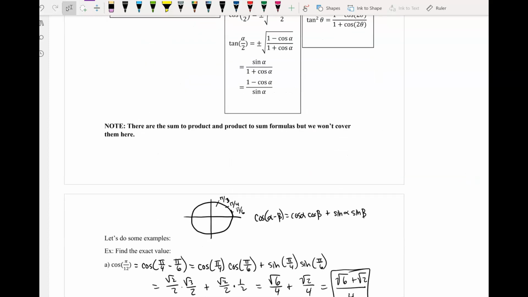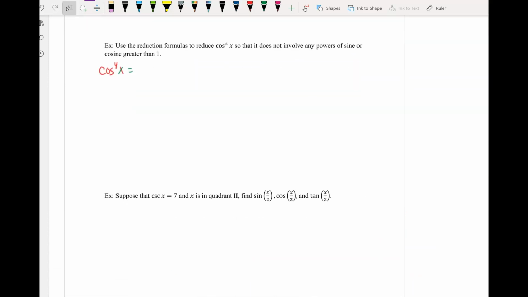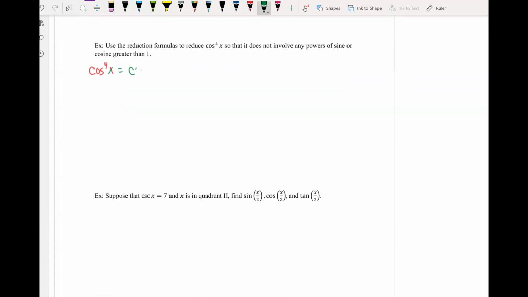So one thing that I can do is I can make this into cosine squared x times cosine squared x, because this can give me to the 4th power. And now I can apply the reduction formula. So the reduction formula says that cosine squared x is equal to 1 plus cosine 2x divided by 2.